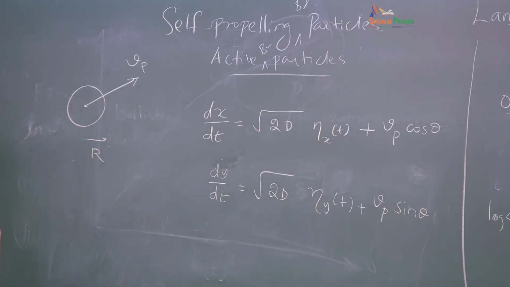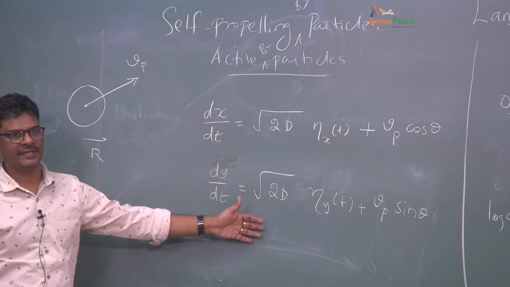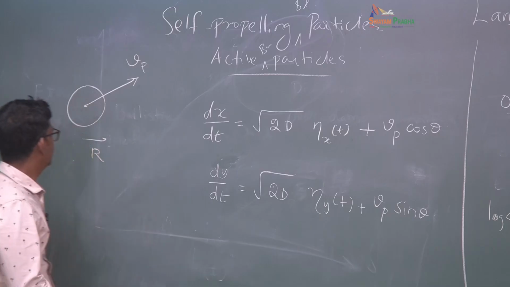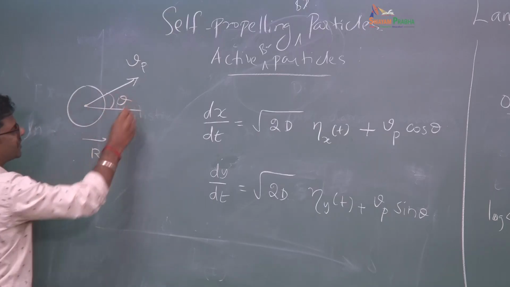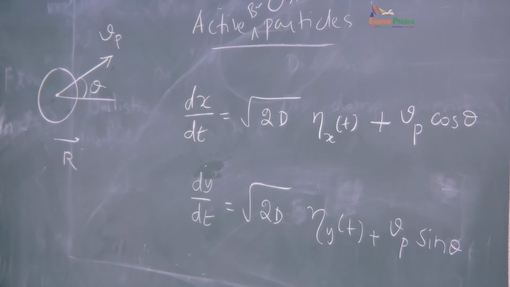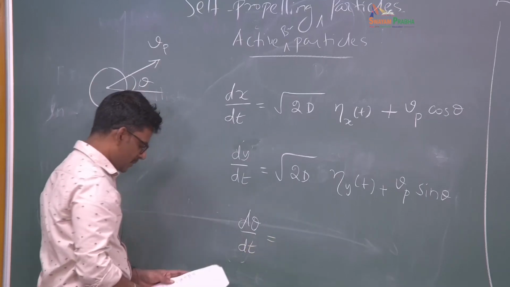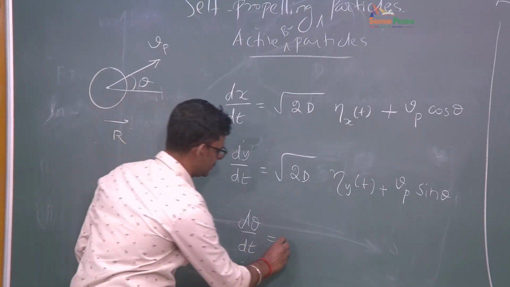So these equations tell you how x and y will evolve in time, but the theta here is the one that tells you about this orientation with respect to, let's say, the x axis, and this also is a random variable. Theta is also a random variable. So we have another equation, d theta by dt, given by another random variable here.